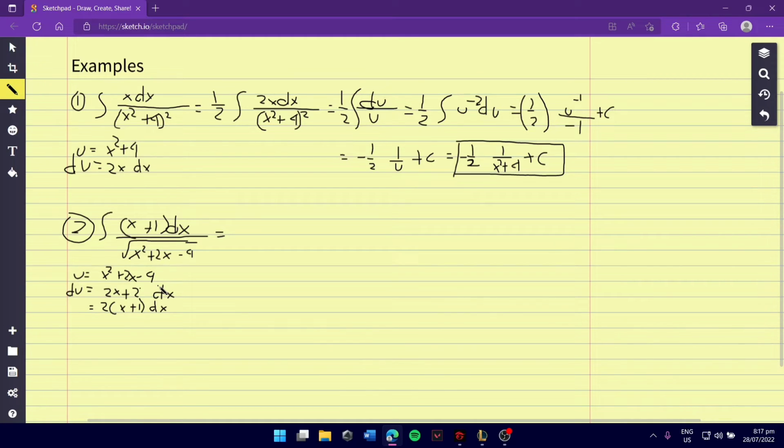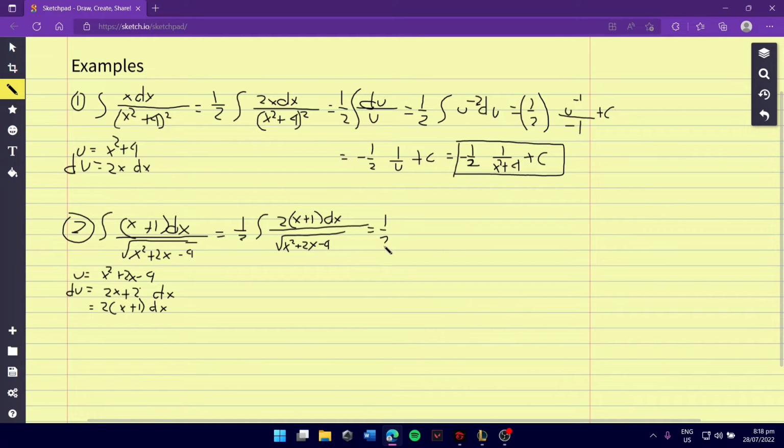Next, we will substitute. Again, since we have 2 here, we'll put 2 here and then 1/2 outside the integral. So we'll put first the 1/2, and then the integral of 2 times x plus 1 times dx, and then copy the square root of x squared plus 2x minus 4.